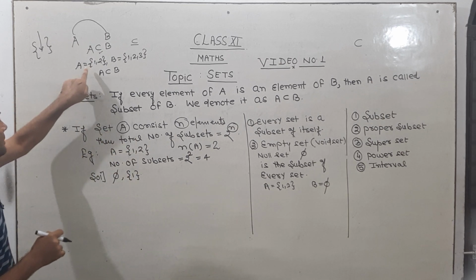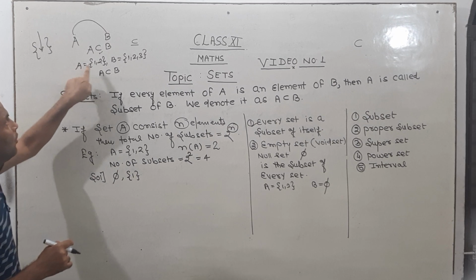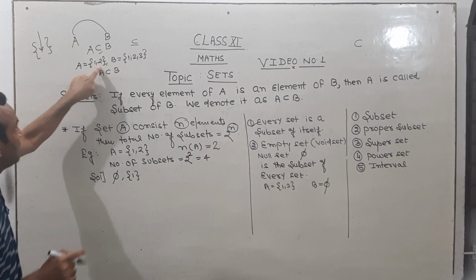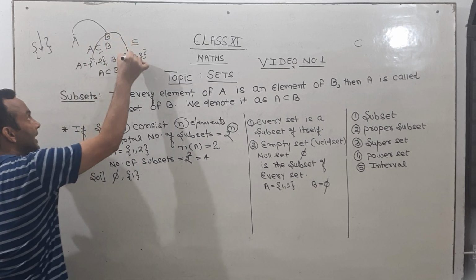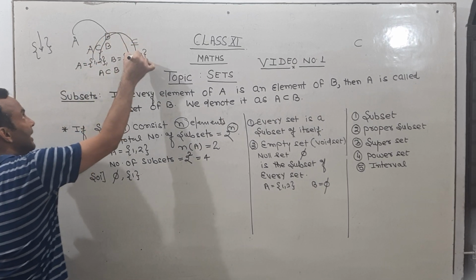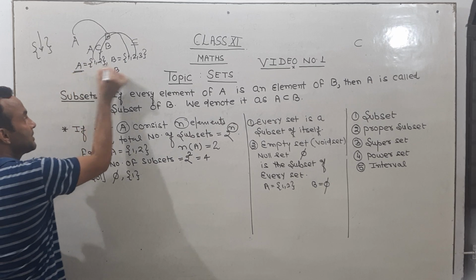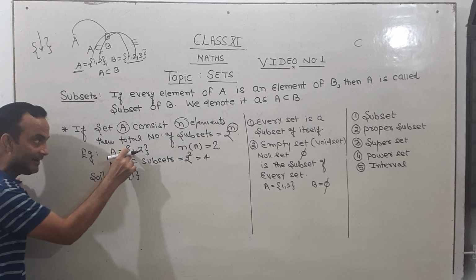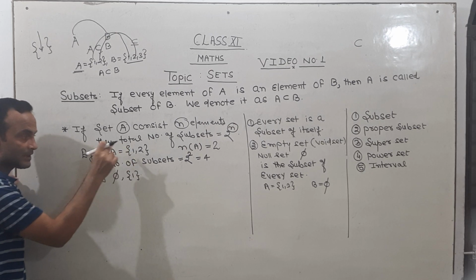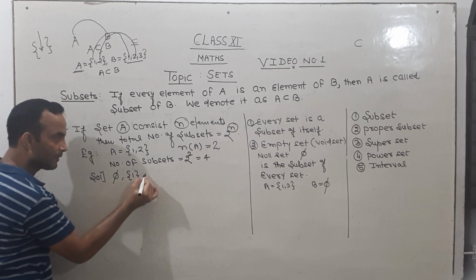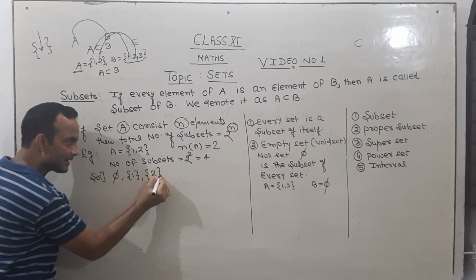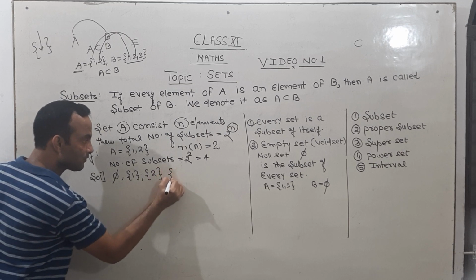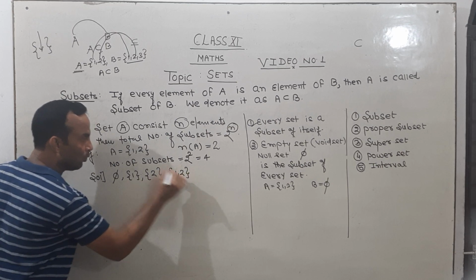Subset is what? See here once again, A is 1, 2, B is 1, 2, 3. All the elements of set A, ये एलिमेंट देखिए यहां प्रेजेंट है, ये एलिमेंट यहां प्रेजेंट है. That's why A is the subset of B. In the same way you can see 1 is present here. That's why 1 is the subset of A. 2 is the subset of A. अच्छा.